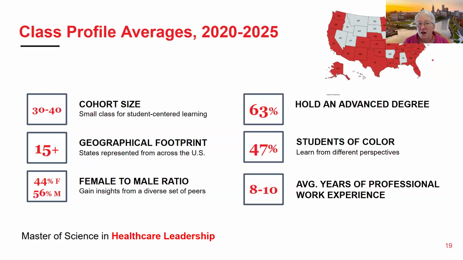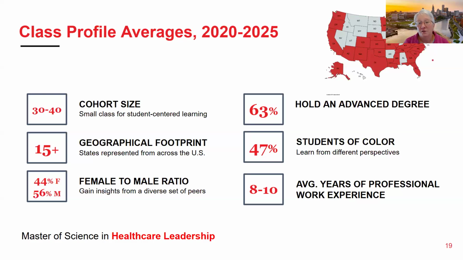We aim for about a 50-50 men to women ratio. About 2/3 already hold an advanced degree when they enter the program. It is not a requirement that you hold an advanced degree. The requirement is a bachelor's degree, but many students hold an MBA, an MD, a variety of other types of clinical degrees like respiratory therapy or physical therapy, CRNAs, a wide variety of different types of degrees.